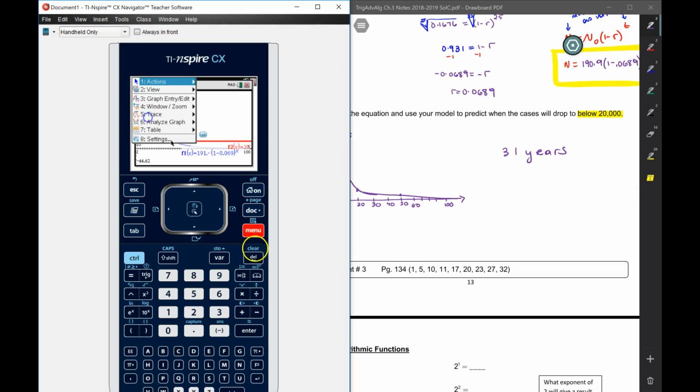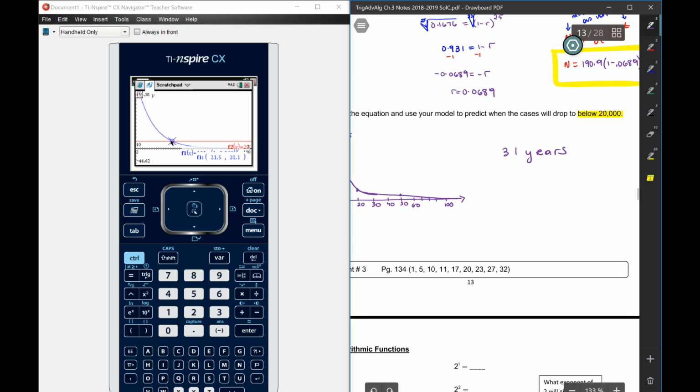You do menu, trace is number 5, and number 1. So 31 years, it means if we started in 1980, how much is 31 years after 1980? 2011.